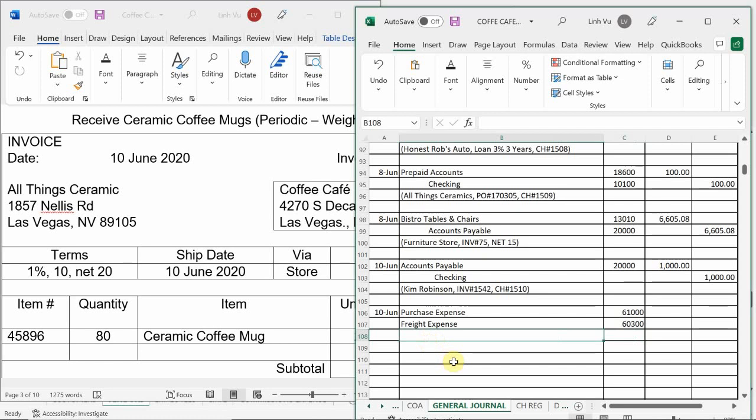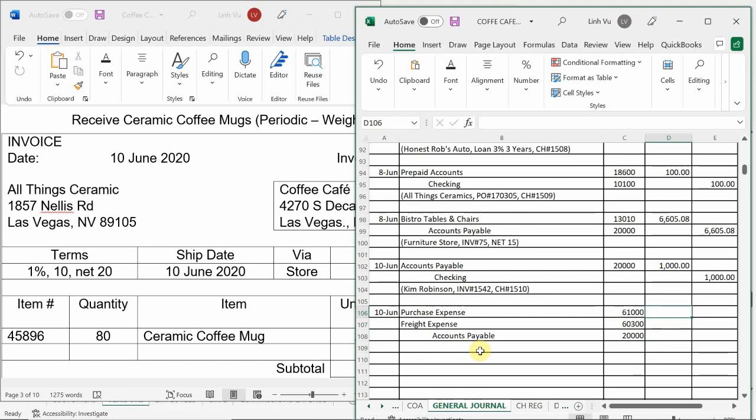So in this case, we'll pay it later. So in this case, we're going to put it on an account. So let's take a look.